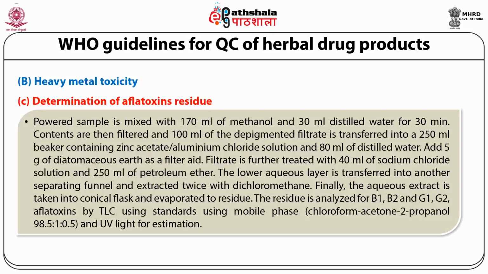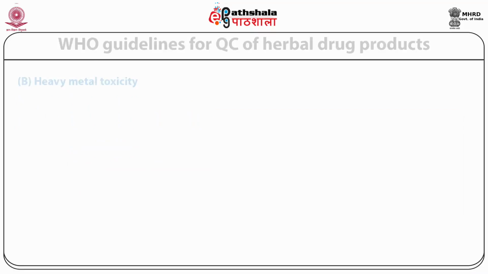The lower aqueous layer is transferred into another separating flask and extracted twice with dichloromethane. The residue is analyzed for aflatoxins B1, B2, G1, G2 using TLC, mobile phase of chloroform, acetone, propanol 98.5 to 1 to 0.5 and detected under UV light for estimation of these aflatoxins.